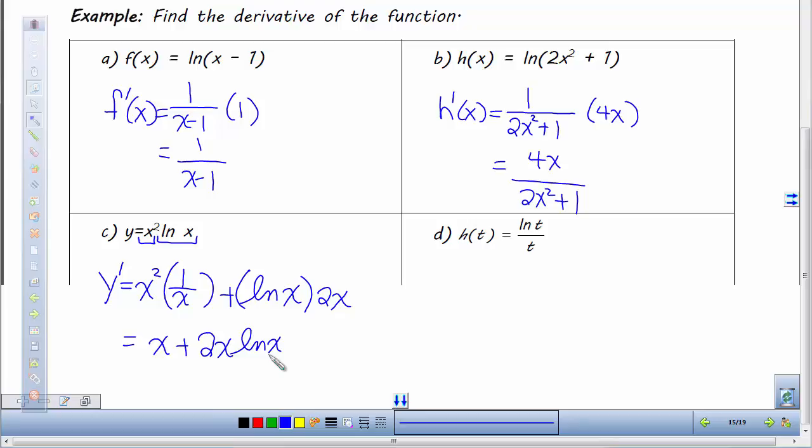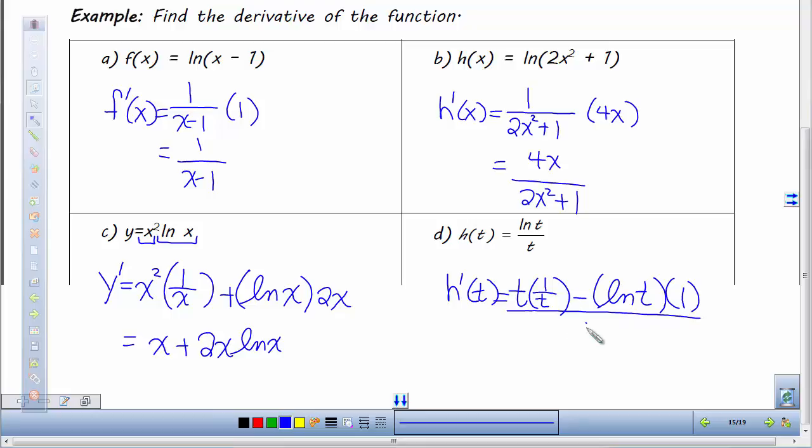All right, so in D, we would need to use what? Quotient rule. So h prime of t equals low d high. Well, the derivative of natural log of t is 1 over t. So low d high minus high d low. Well, the derivative of just t is what? 1, all over low squared.